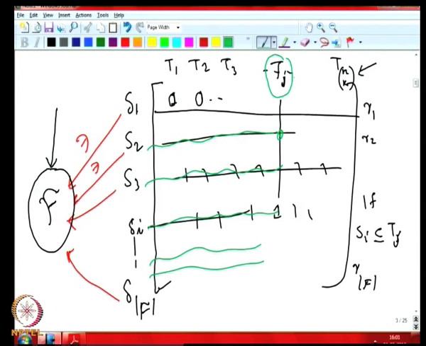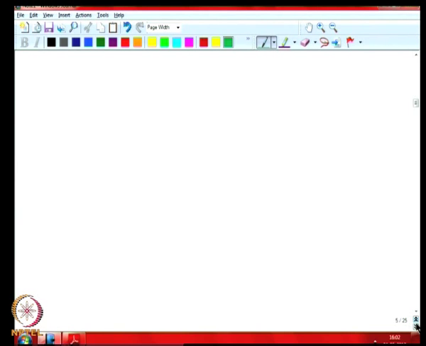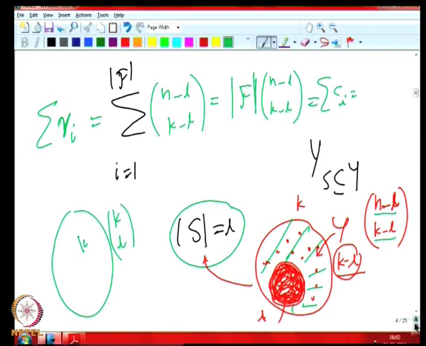You know that given a K element subset, we definitely have K choose L element subsets inside it. So there are K choose L element subsets inside it, but how many of them will come from F, that we are not sure.